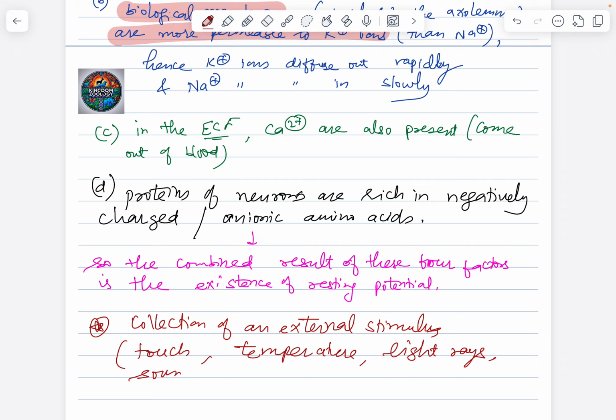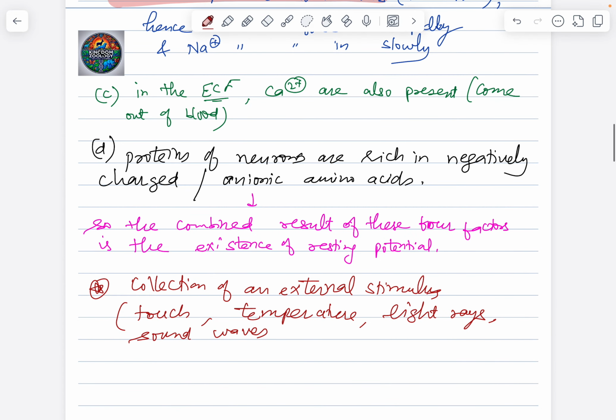Right now you are hearing my sounds, so where are the sound waves going? In your internal ear. They are also acting as what? The stimulus. The food that we eat or the air that we breathe, they also have got certain chemicals in it. Taste buds of the tongue and nasal cavity having the neurons in it, those neurons are going to respond to what? Chemicals.